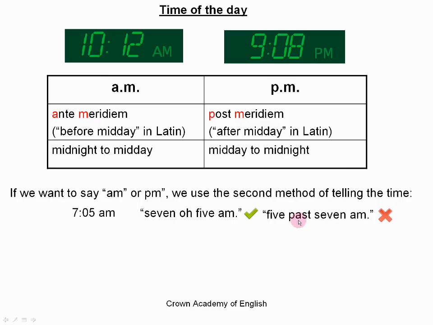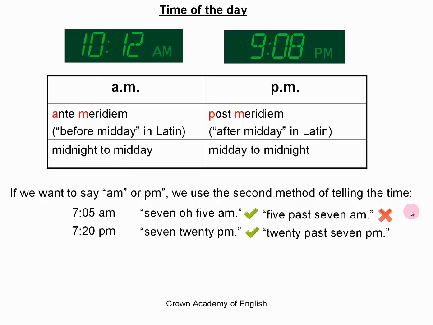That is okay. But five past 7 AM is wrong. 7:20 PM is okay. But twenty past 7 PM is wrong. Okay? So just you need to understand that AM is for times after midnight and before midday, and PM is after midday but before midnight. Okay?